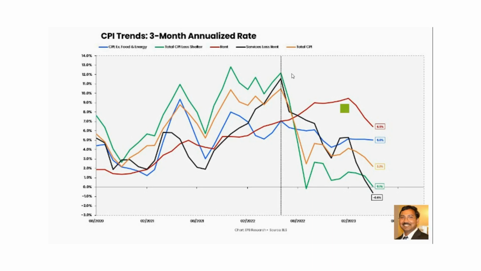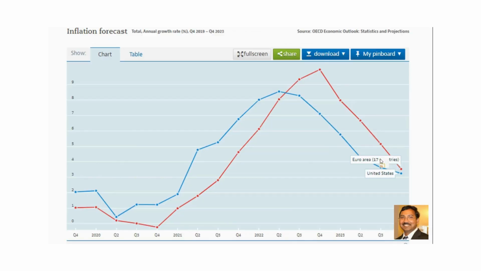If you see this, except food and energy, all are going down: total CPI except shelter, the green one, and rents are going down. Services except rent are also going down. Total CPI is also going down. Only CPI excluding food and energy is going flat. If that also goes down, then we can expect inflation to go down pretty soon.